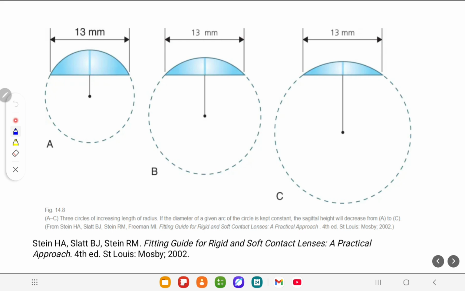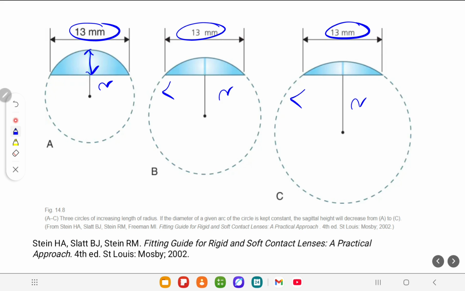See this picture, I love it. We can tell that this curve has a larger radius of curvature, this curve has a smaller radius of curvature compared to this, and this curve has an even smaller radius of curvature, but we have the same diameter, 13 mm, 13 mm, and 13 mm. Whenever there is an equal diameter but the radius of curvature is smaller, then the sagittal height gets larger. That's the concept.